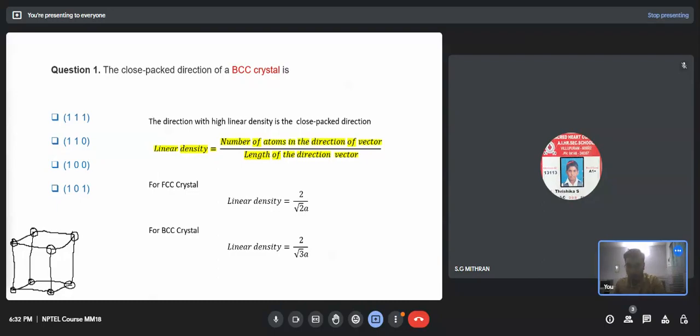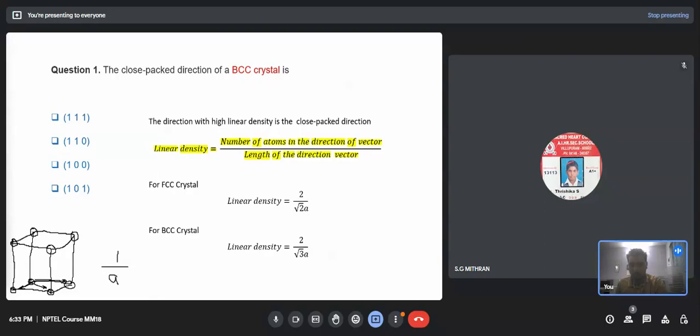So here, if you go in this direction, this direction as well, and this direction, only one atom is in that particular vector direction, and the length of the direction vector is a.